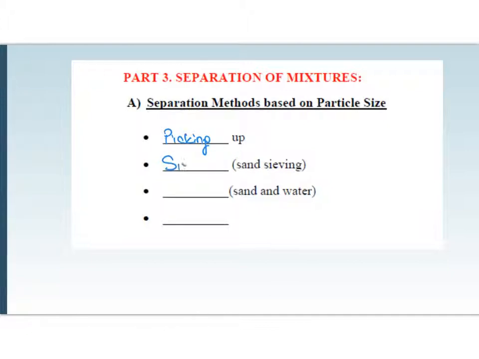Sieving, sand sieving. Filtering, sand and water. Or you filter the air in the room, for example. Air filtration systems are also used. And the last one is dialysis. Dialysis is used for people that have non-working kidneys.